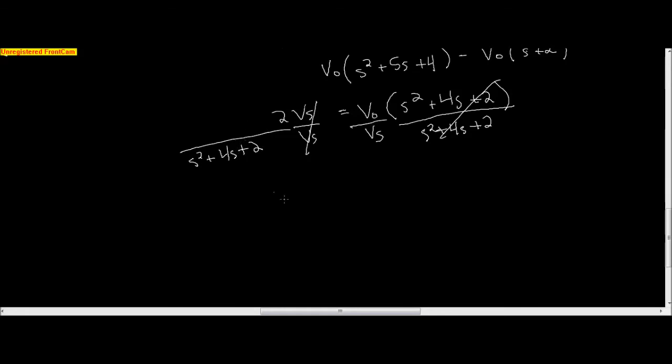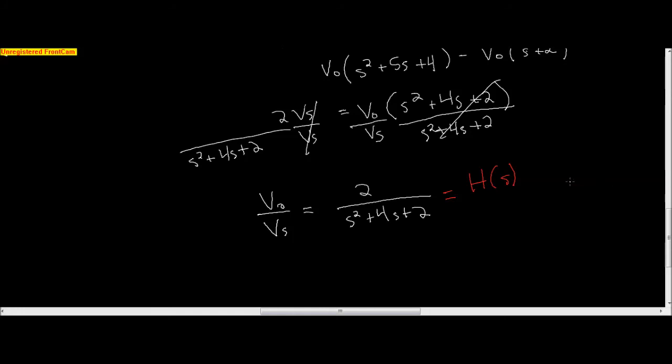And this is our answer. So VO over VS will equal 2 divided by S squared plus 4S plus 2. So this equals H of S.